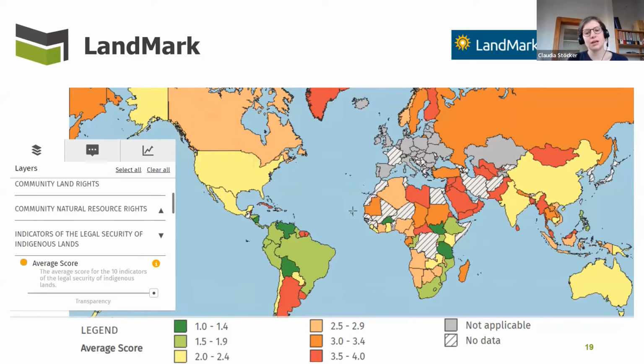A higher score, 3 to 4, means the law does not address the issue of indigenous land. So when you are looking more into community and indigenous lands, the Landmark map is really a great tool to get an idea of the tenure security of community and indigenous lands.